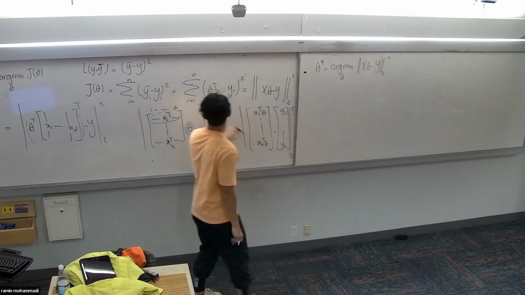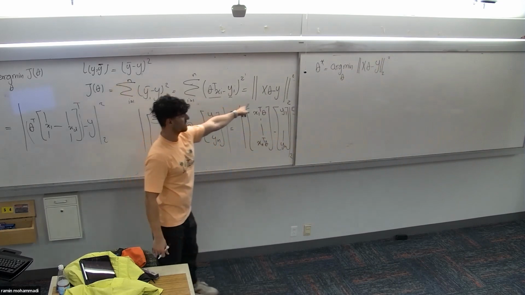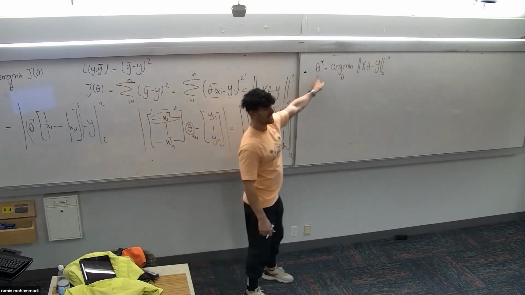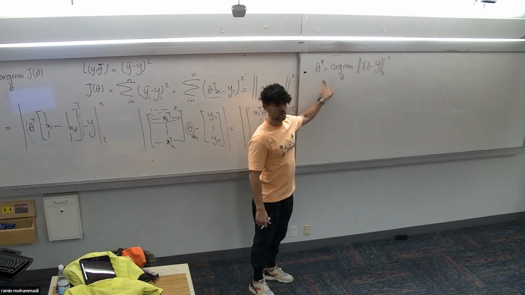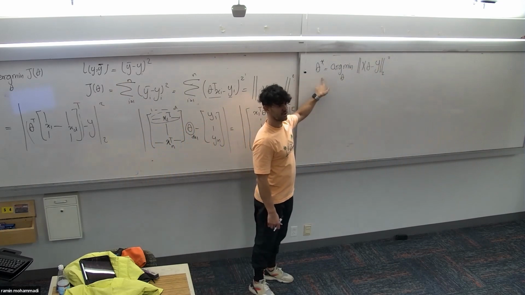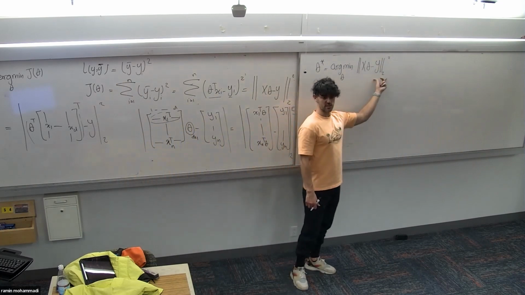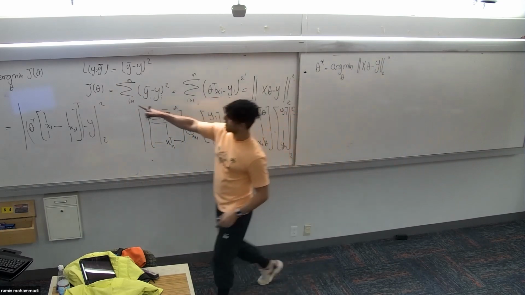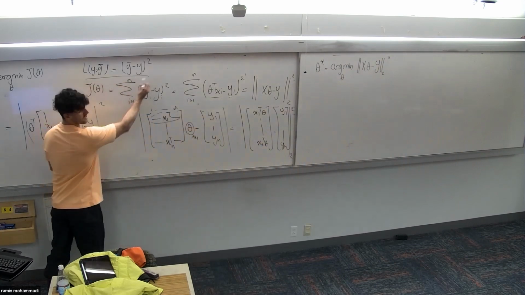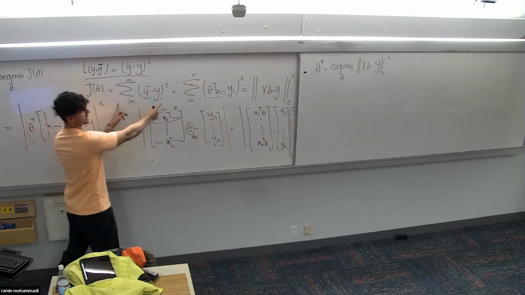Because rather than J of theta, we are going to use this term, right? So that's the goal: to find the best theta, the theta that minimizes the cost function. This was the cost function, this was the loss function. The cost function was the summation of all the loss functions.